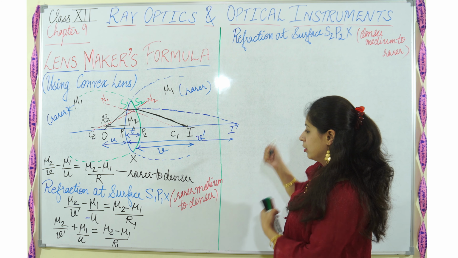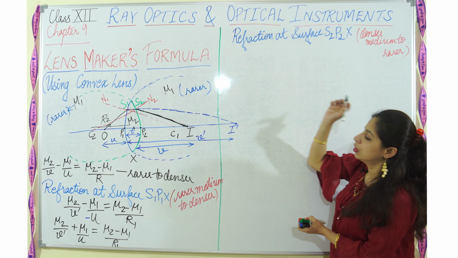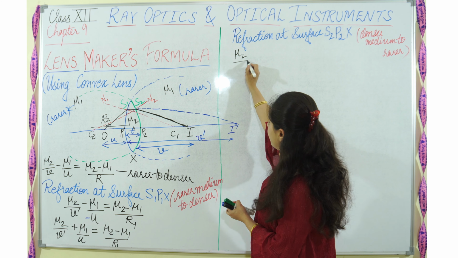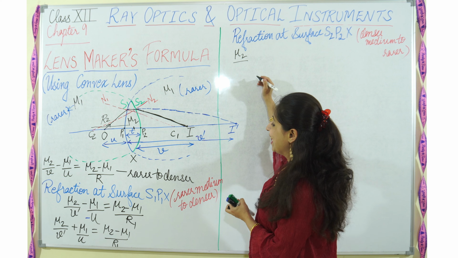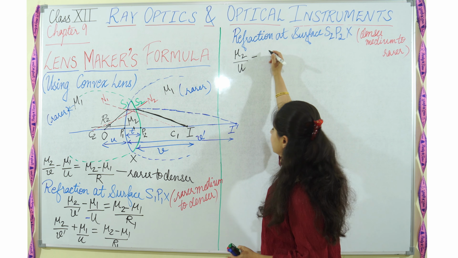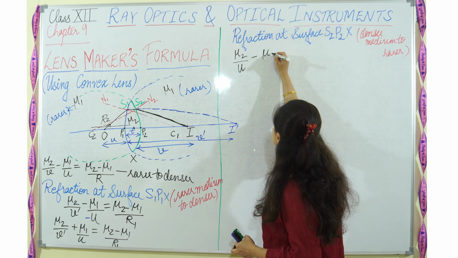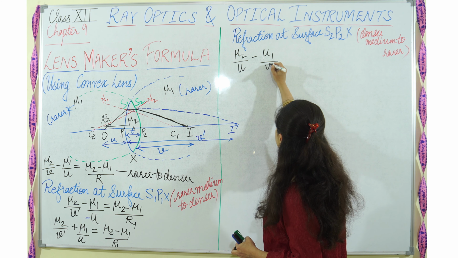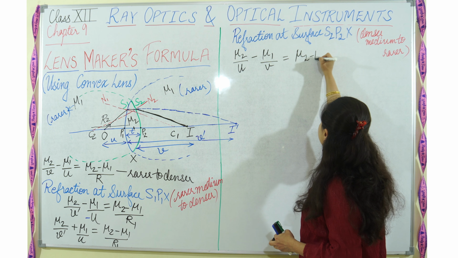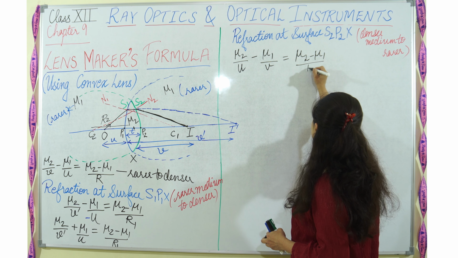So here the equation will change. Now here I will be getting mu2 upon u in the place of v, minus mu1 upon v is equal to mu2 minus mu1 upon r.